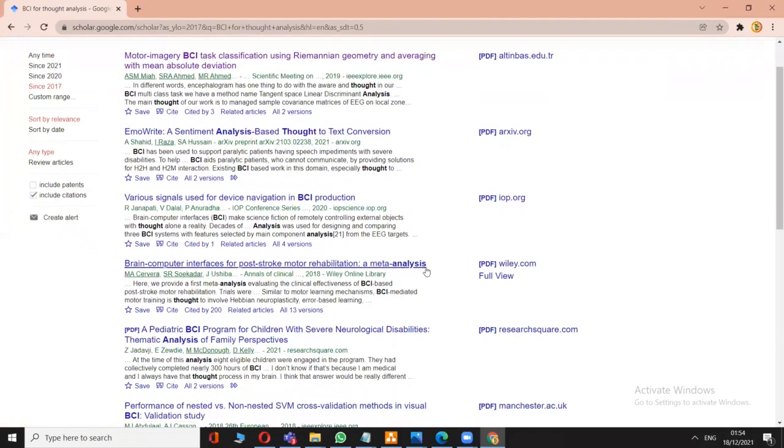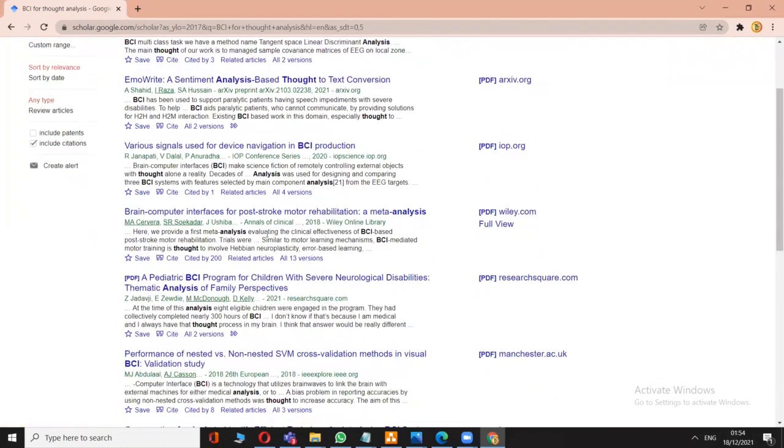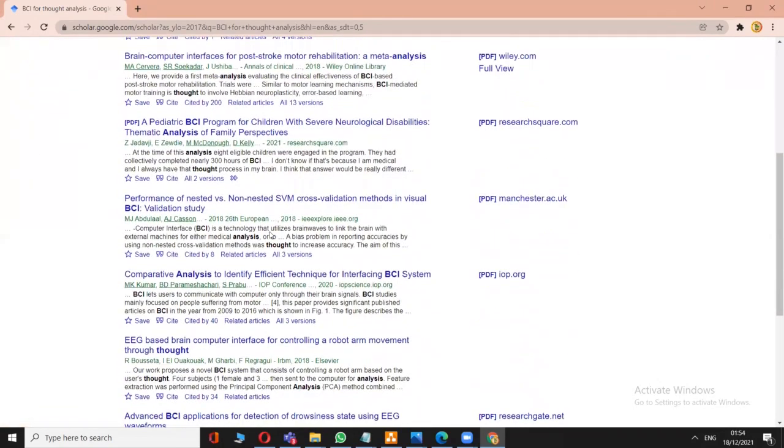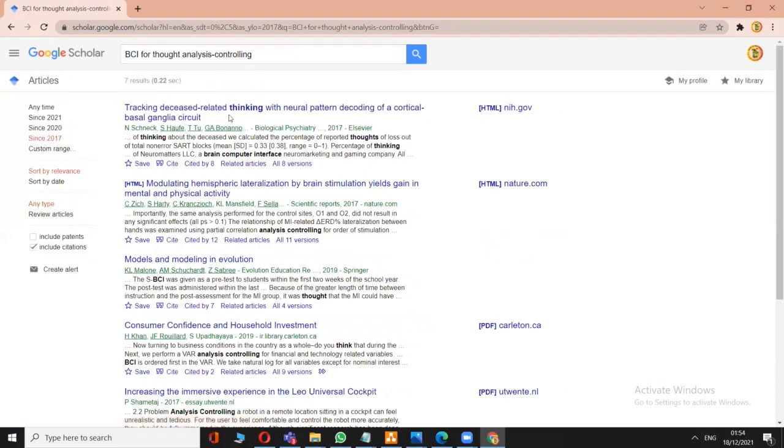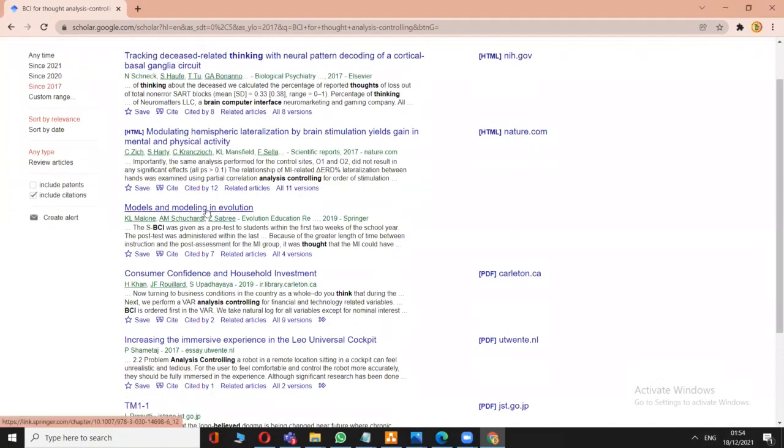I'm not that interested in that paper. So I will put some more keywords here, like controlling something. Let me put controlling, tracking, decrease related thinking with neural pattern decoding. Okay, that is okay with my topic.